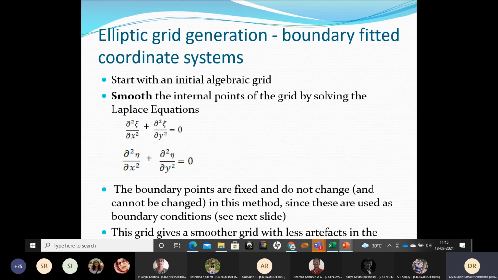Now, when you do this, the boundary points are fixed. So this kind of method is known as elliptic grid generation. Note that the boundary points are fixed and do not change. You fix the points you want on the boundary, top boundary, bottom boundary, left boundary and right boundary for a rectangular domain.